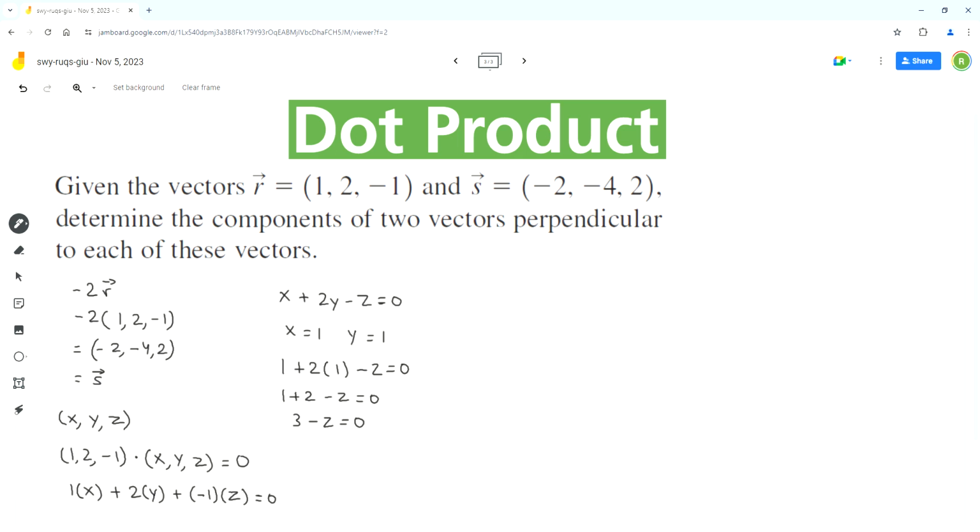Now we can add z to both sides. So we get z equals 3. So one possible vector that's perpendicular to both vectors r and s is.